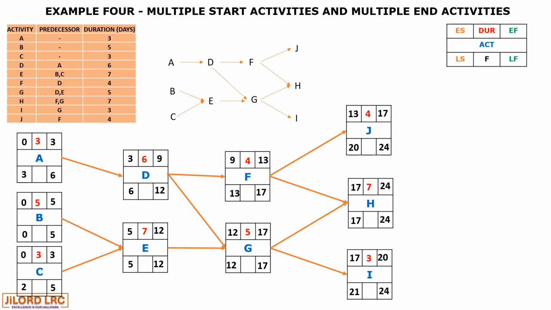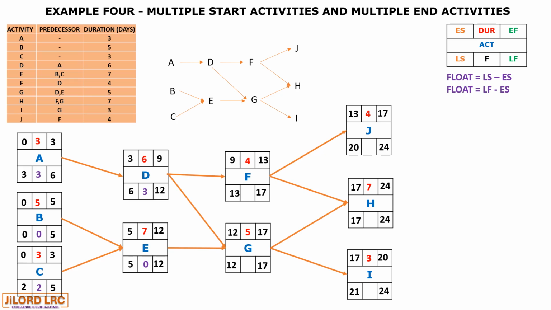Now for activities D and E, we'll have the late start going, so 12 will go to D and 12 will go to E. And 12 minus 6 will be 6, and 12 minus 7 will be 5. Now for activities A, B, and C, we will have the late start going.